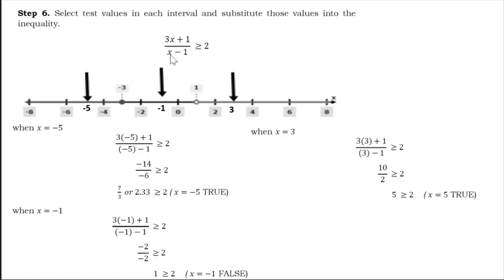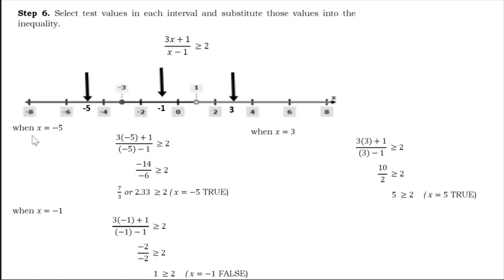Then, we try also to check if there is a solution between negative 3 and 1. So, we use negative 2. And we don't know if kasali din ba sa solution yung greater than 1. So, we use 3. So, we use negative 5, negative 1, 3.